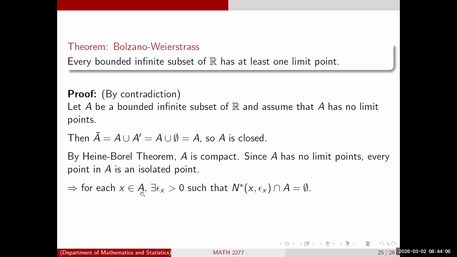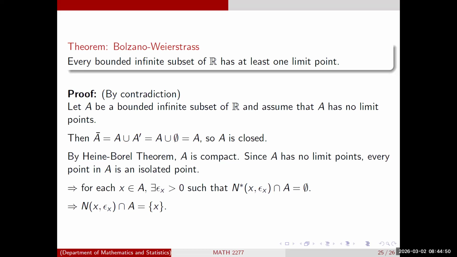This x belongs to A. So if you add the center back, you get the full neighborhood. x is in there, and x is also in A. Therefore, if instead of the deleted neighborhood you take the full neighborhood, the intersection with A will no longer be empty. It will contain one single point, the center. So now we take the full neighborhood, and its intersection with A only has one point, the center.